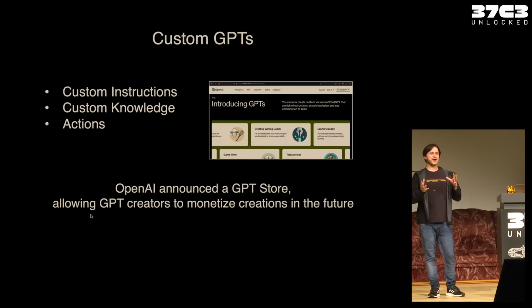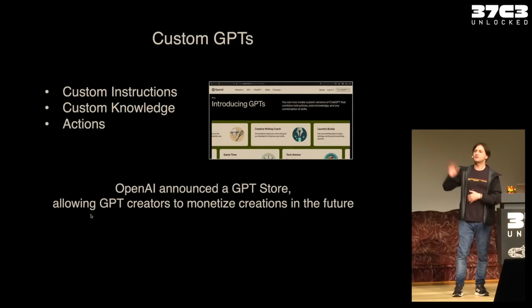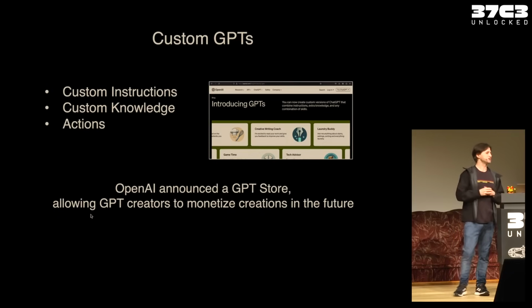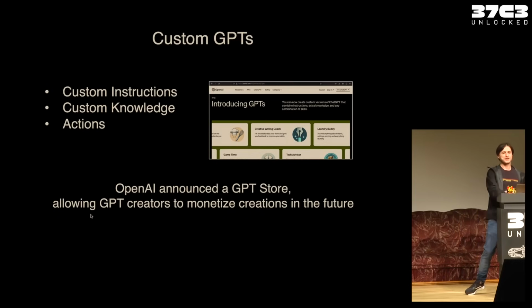With all of that combined, you really create powerful, customized, small versions of an agent. OpenAI's plan is to have a store, like an App Store, where you can download a GPT and use it for your own needs, to really drive the ecosystem forward so that we all have agents.